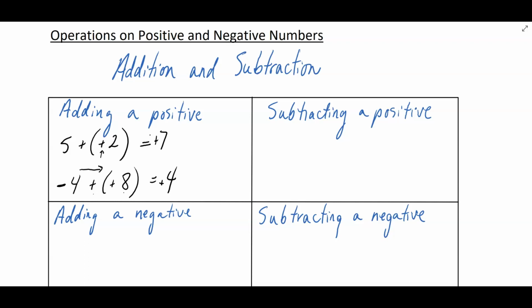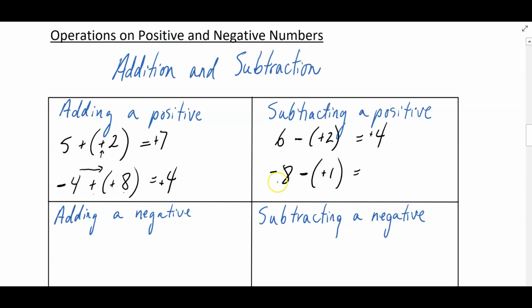Subtracting a positive, if I have 6 subtract positive 2. That's just 6 subtract 2. That's 4. Even from the negative side, if I have negative 8, subtract positive 1.